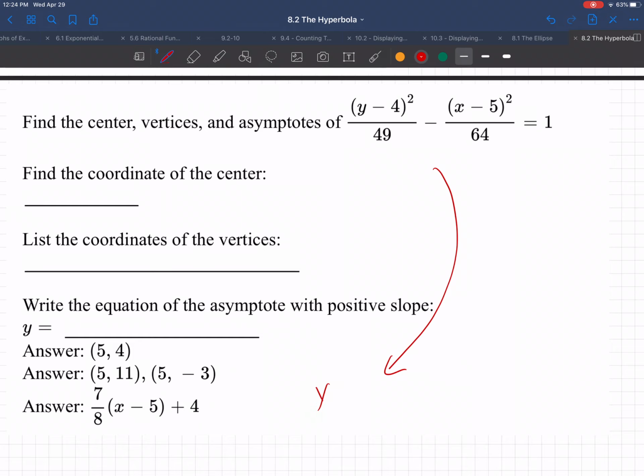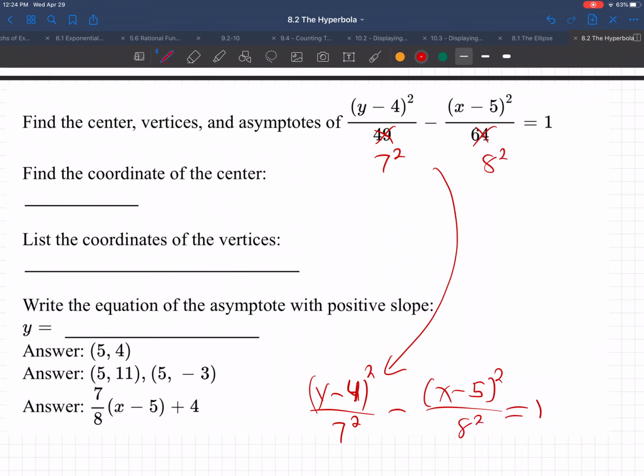So I'm going to rewrite it. (y minus 4) squared over, and I'm going to rewrite this as 7 squared, minus (x minus 5) squared, rewrite that as 8 squared, equals 1.